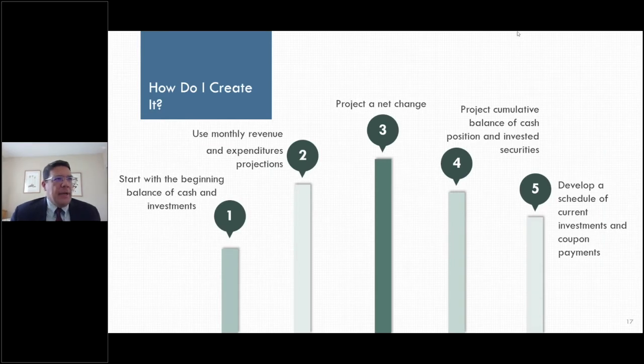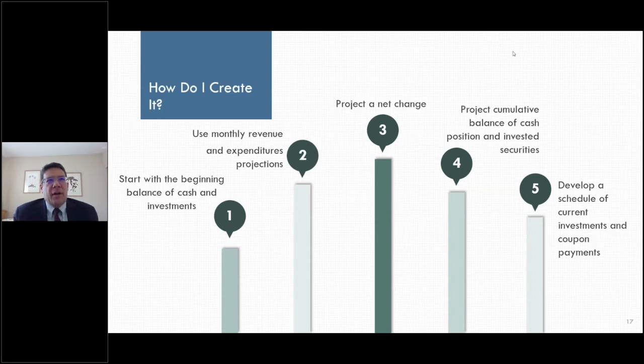And how do we do it? Well, we start with the beginning balance of your cash and investments position. Remember, it includes everything. And you're going to use the monthly expected revenue and expenditure projections to build a model on a spreadsheet. You're going to use that to project a net change on a monthly basis.